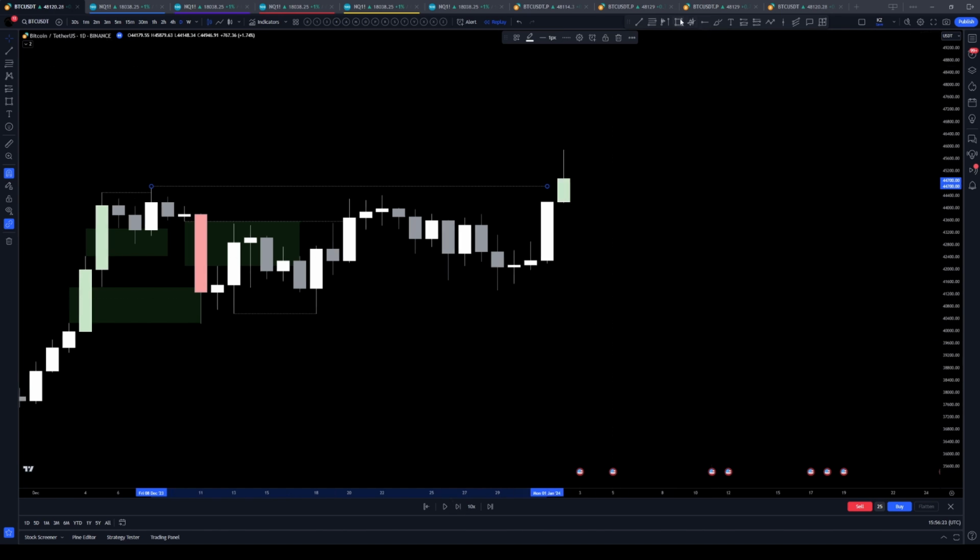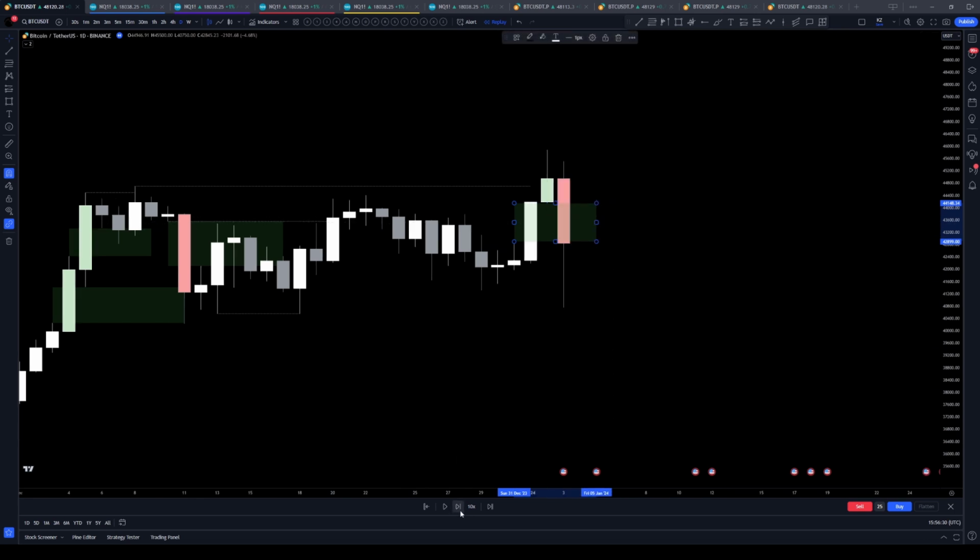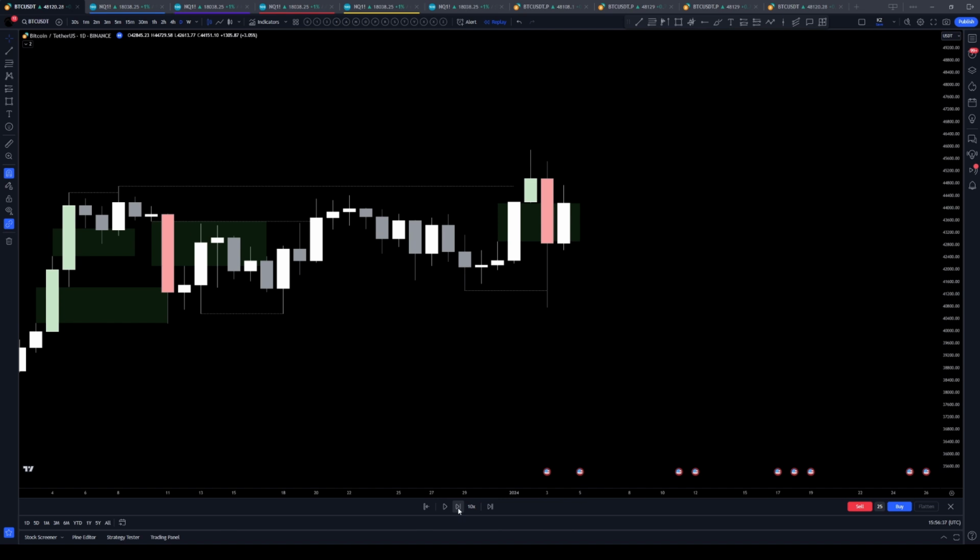There it is. Now taking out the external liquidity. Drawing liquidity is now the internal liquidity. So jump straight into that. Taking out this internal liquidity here. Sorry, external liquidity. We're expecting next.